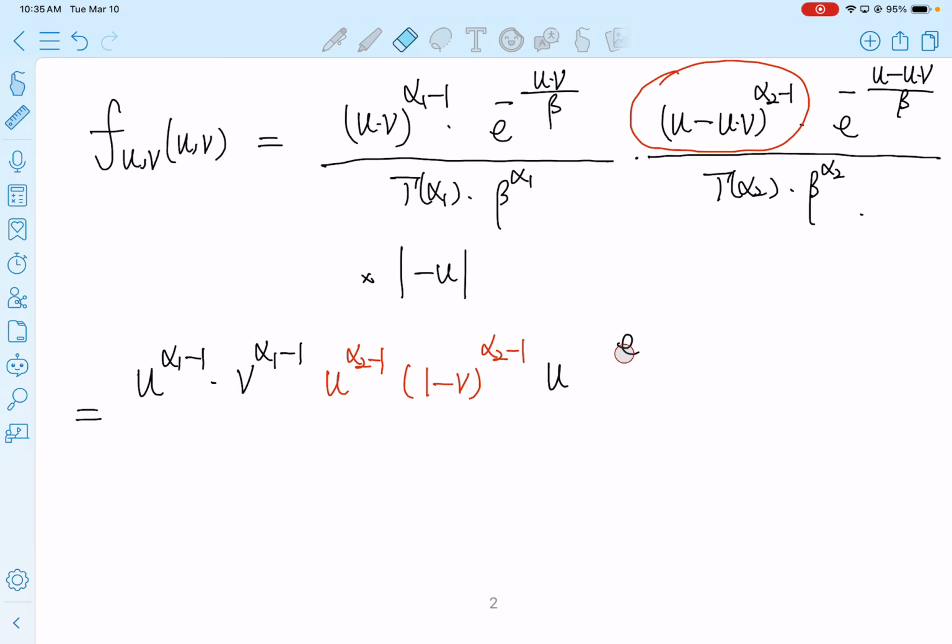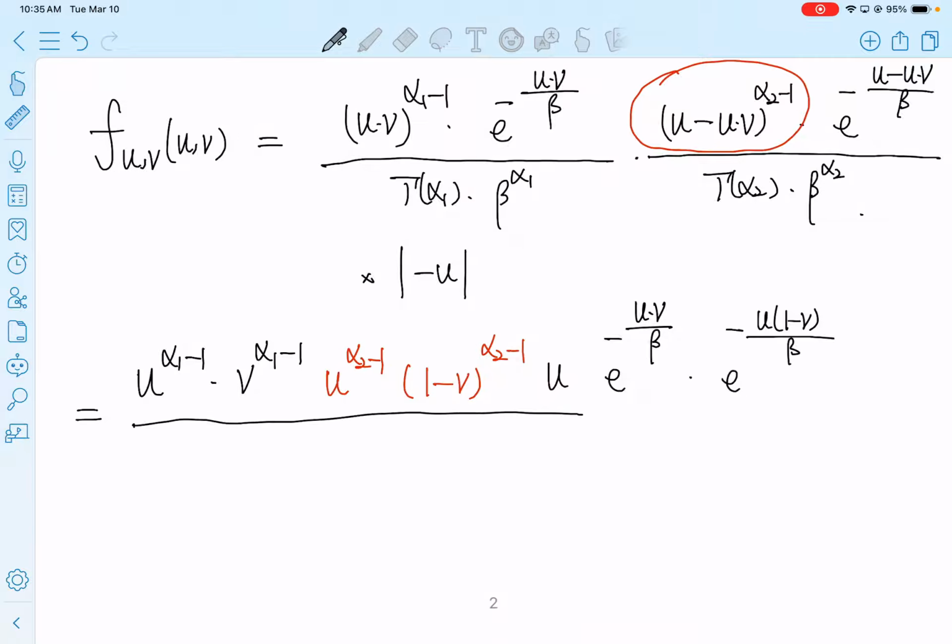So here, uv over beta, e to the negative u times 1 minus a v over beta, altogether in the denominator we have gamma of alpha 1, gamma of alpha 2, beta alpha 1, beta alpha 2.